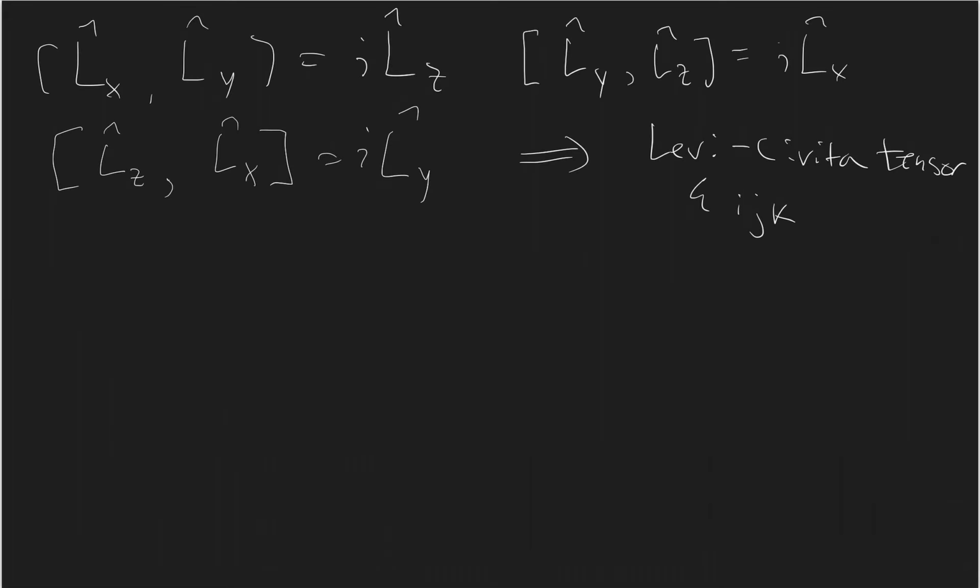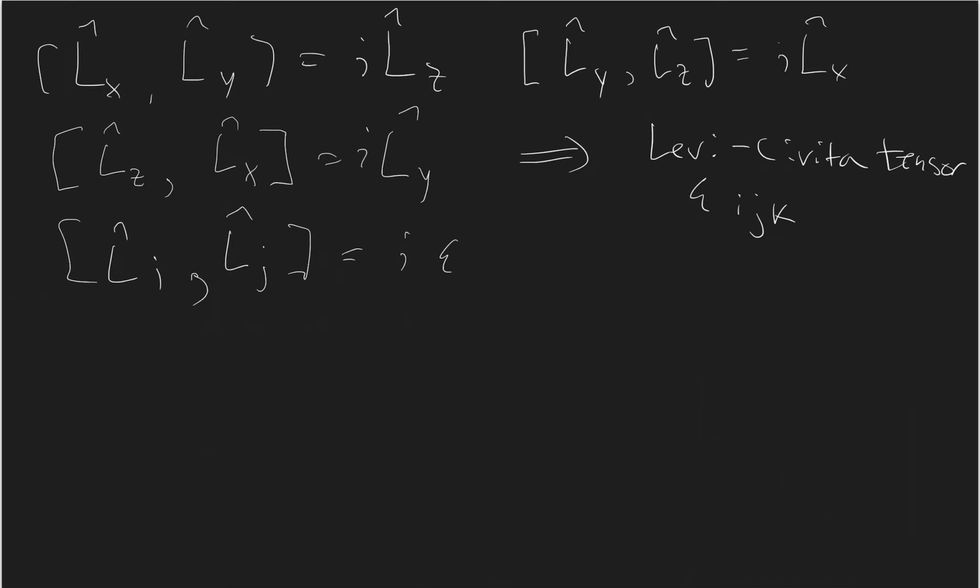It gives us the cyclical relation that we observed with this pattern. Sorry, this should be an i. So this would be L_i, comma L_j, the commutation between them.